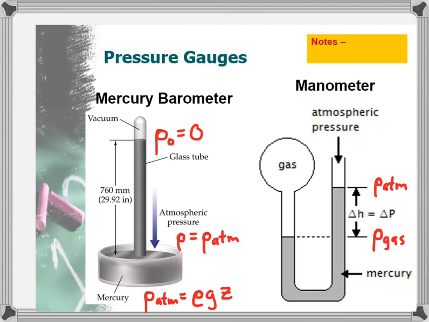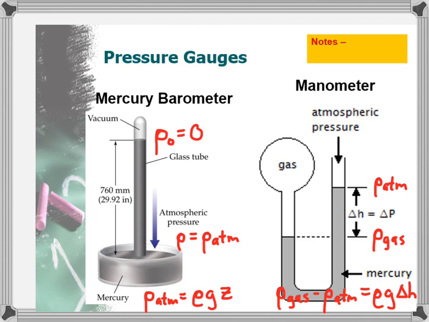So again, you're taking a difference between two pressures. So you get P gas minus P atmosphere is equal to rho times G times delta H. So you measure the difference in these two heights right here, and that will give you the amount of gauge pressure of this gas. Remember, gauge pressure is the absolute pressure minus atmospheric pressure.